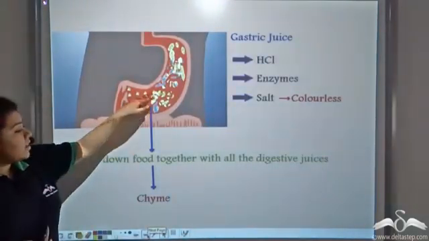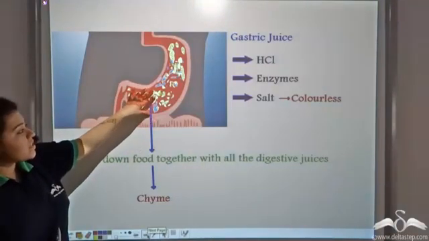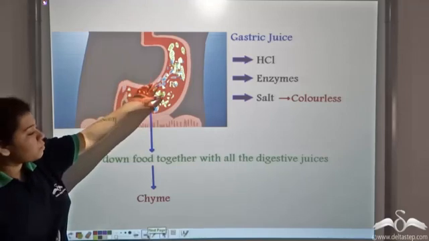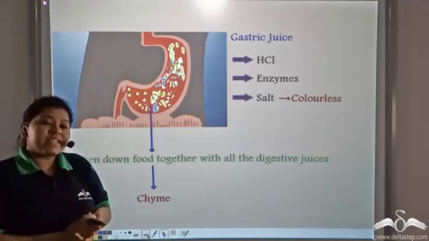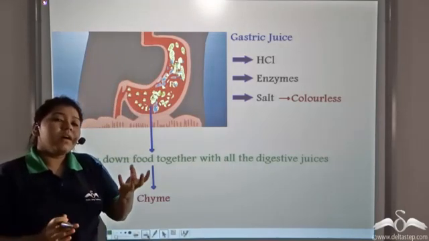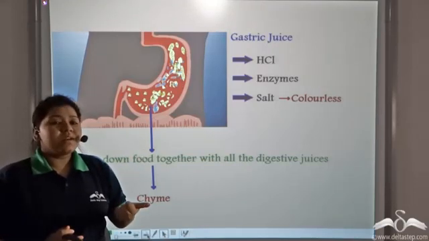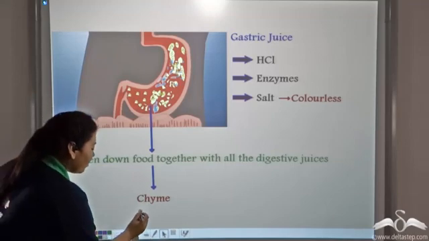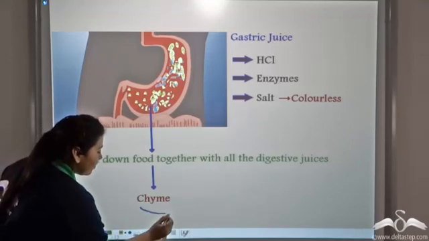So these digestive juices break down the food particles. Food particles along with the digestive juices form a lubricated, moistened food bolus, which is known as the chyme.